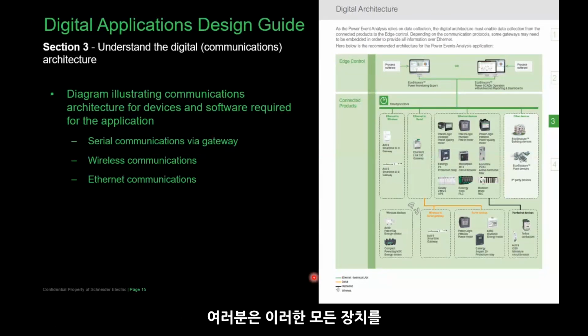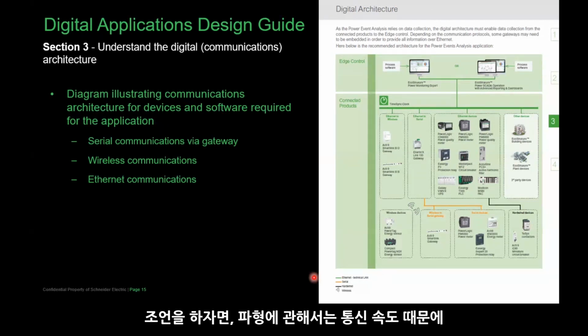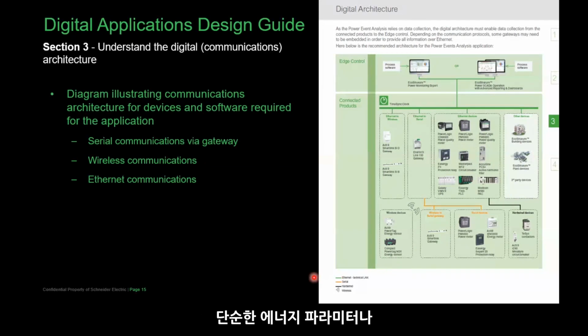So you need to know how you are able to connect all these devices. Certainly, my advice is that when you come into waveforms, it's always best to go direct Ethernet communication because of the speed of communication. But if this is purely simple energy parameters, register-based data, then you can probably go for serial communication, all right, by using the Modbus RTU protocol.